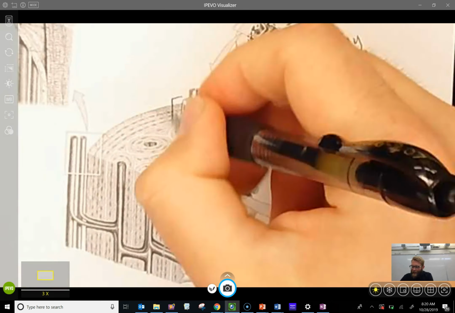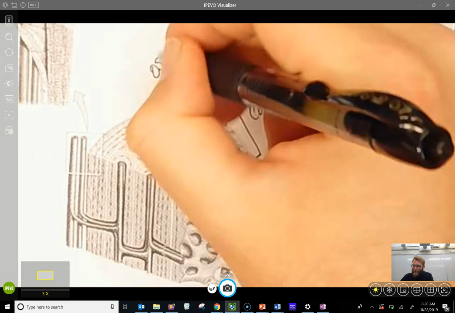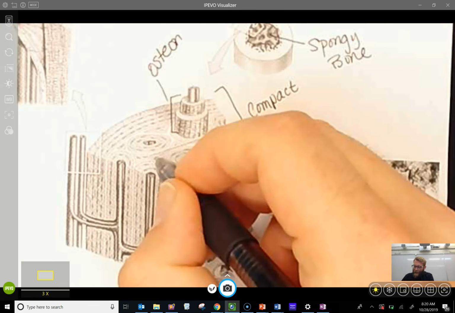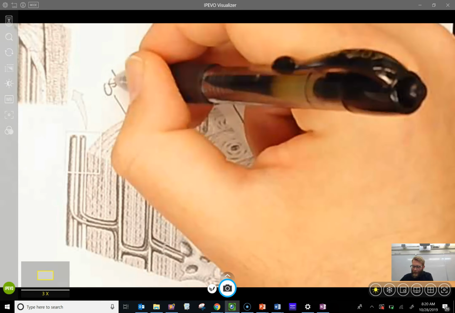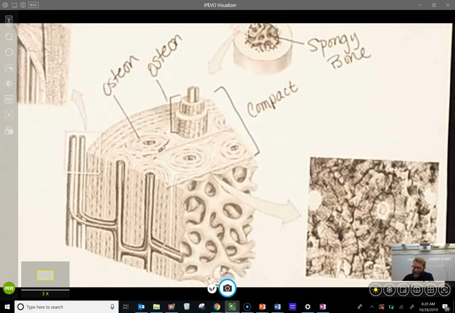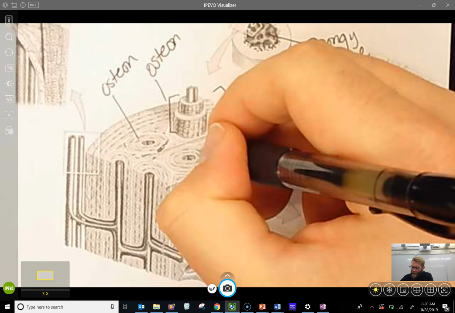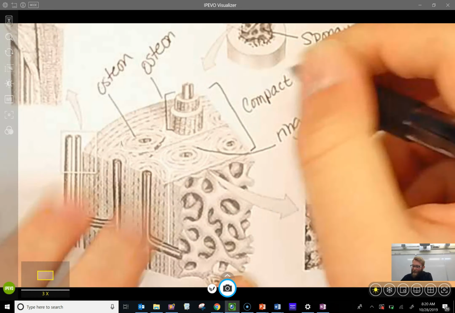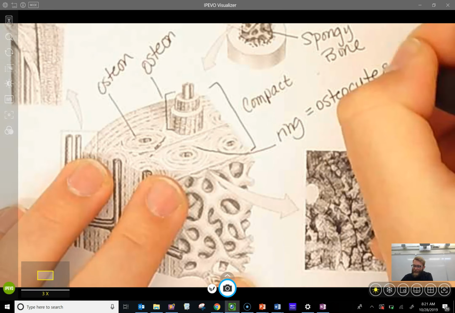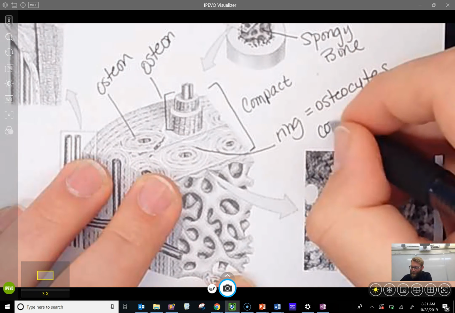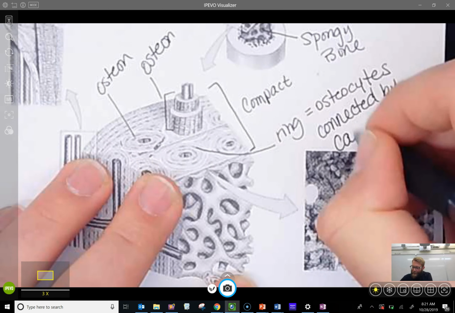You can see in this particular structure the layered rings of what we call our osteon. Each of these little circles, like what's happening around here, represents an osteon. The rings inside of them, like this ring here, are going to have our osteocytes, and those osteocytes are connected together by our canaliculi.